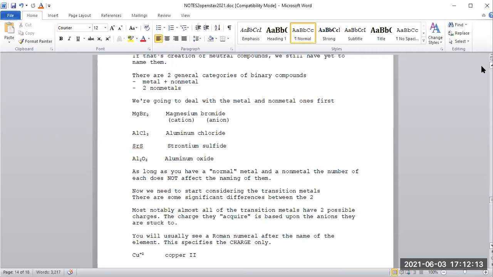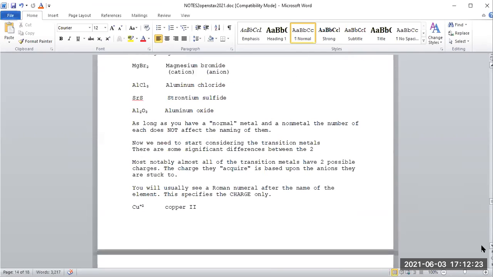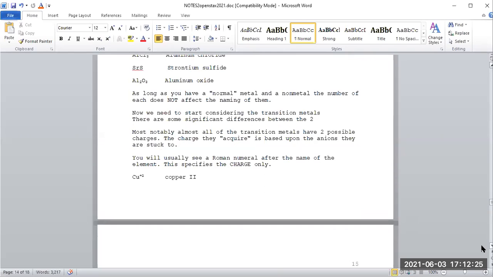But now we need to progress in the direction of the transition metals. Transition metals often have kind of an either or. It's either that charge or it's this charge. And there is no pattern. There is no way you can look at the periodic table and go, oh, well, these are the +2s and those are the +4s.